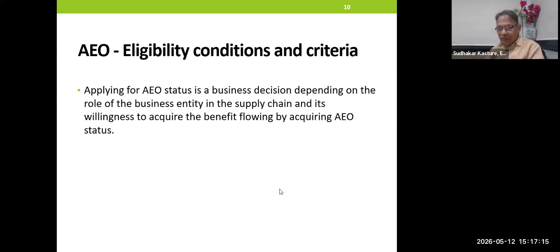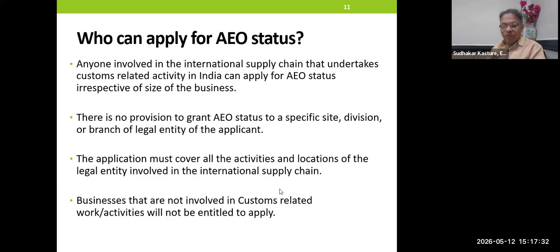Eligibility. Applying for AEO status is a business decision depending on the role of the business entity in the supply chain and its willingness to acquire the benefit flowing from acquiring AEO status. Anyone involved in the international supply chain that undertakes customs related activity in India can apply for AEO irrespective of the size of the business. But there is no provision to grant AEO status to a specific site, division, or branch of the legal entity of the applicant.